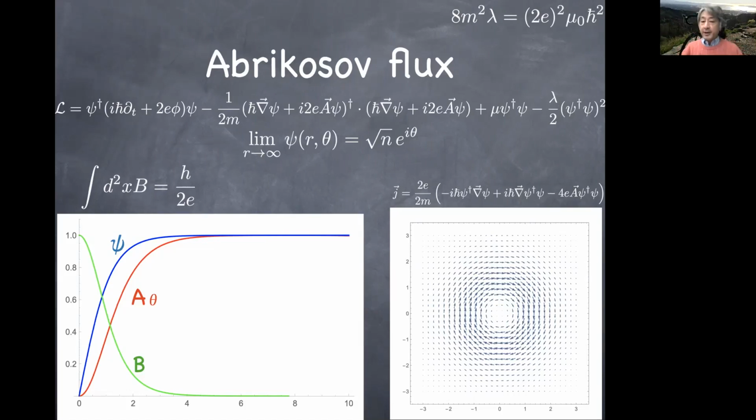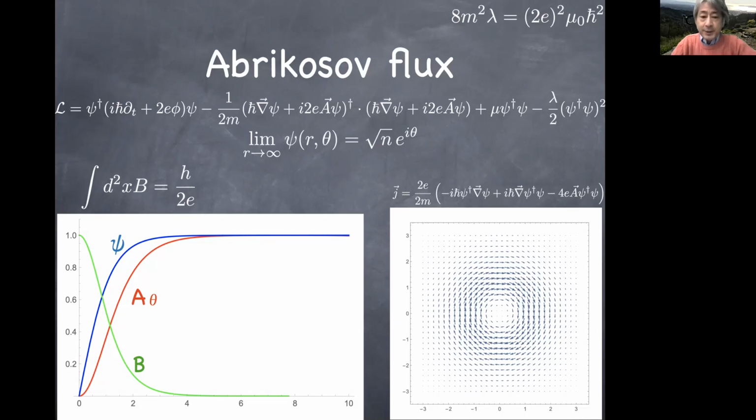And then we predict such a material can happen. And then I have shown you the experimental data where that does happen. So that's how we understand this behavior of type 2 superconductors together with these vortex solutions with a quantized magnetic flux called Abrikosov flux, named after the discoverer, who got the Nobel Prize for this, I think not a long time ago, maybe 15 years ago or something.